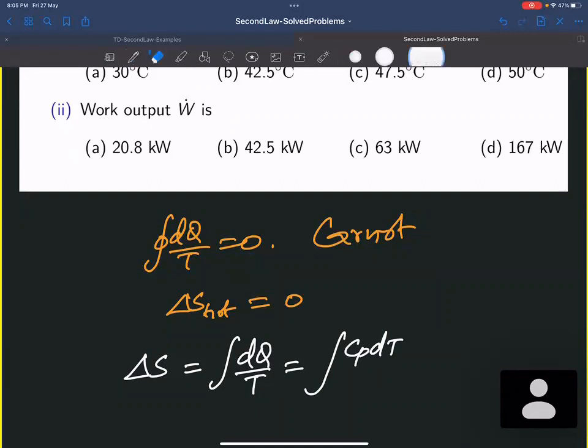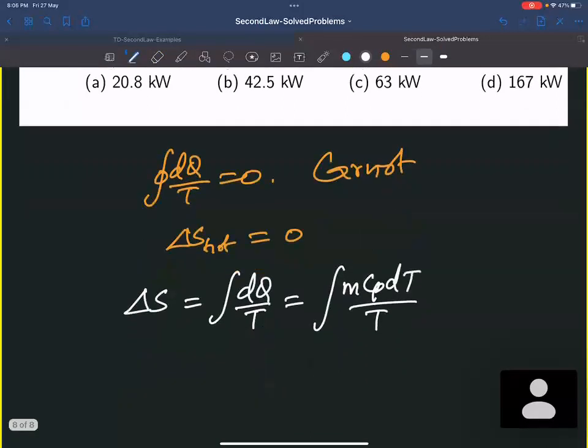So integral of m Cp dT by T. Here m is actually m dot, the mass flow rate. So m dot Cp ln T2 by T1.